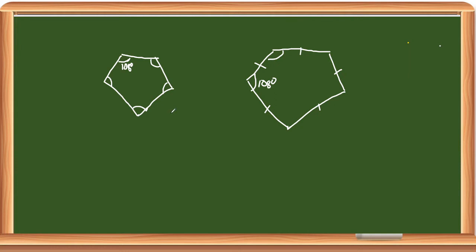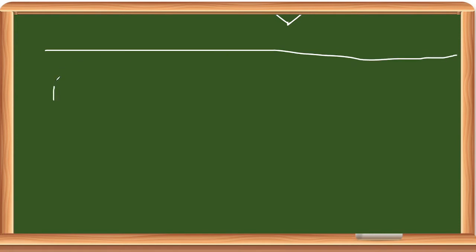Now, what are the conditions in order for you to say that two polygons are similar? Okay, so we only have two conditions here. The first condition, all the corresponding angles, I mean.